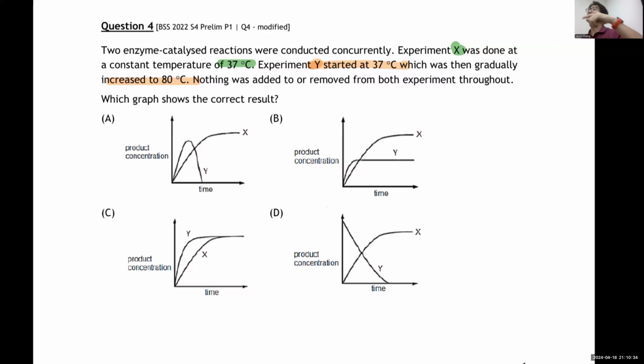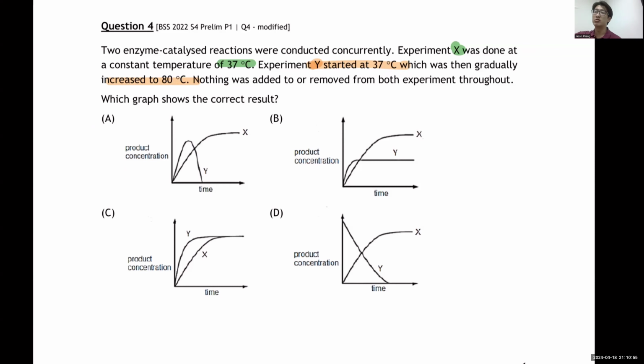So if the question doesn't specify any particular optimal temperature, go for the 37 range. This means that the moment I increase above 37, the enzyme denatures. What happens to the graph? When it denatures, it can no longer catalyze any reaction. So any products that have been produced already, should they decrease?